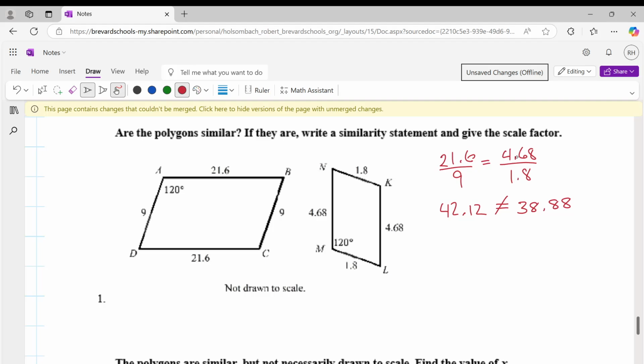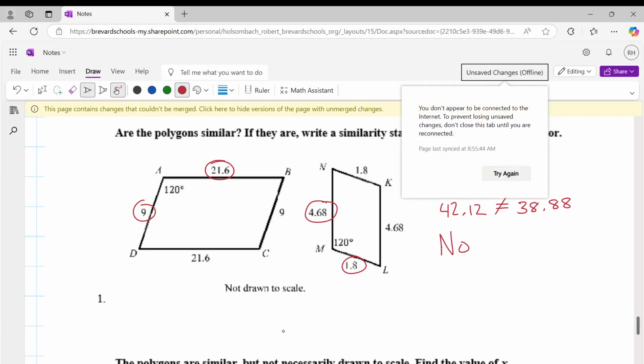So since these cross products are not proportional, are the polygons similar? No, they're not similar. The long side over the short side has to be equal to the long side over the short side. In this case, they will not, so they're not similar.